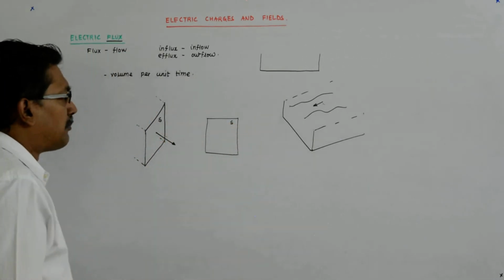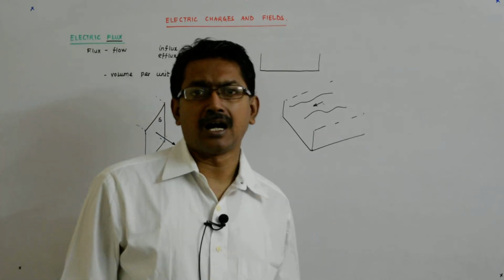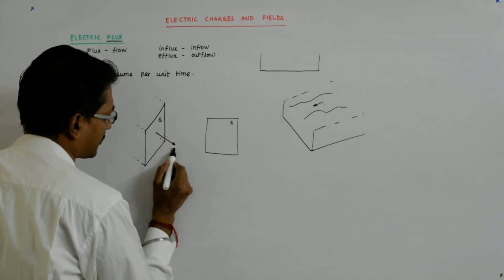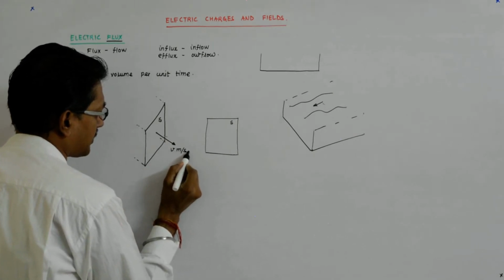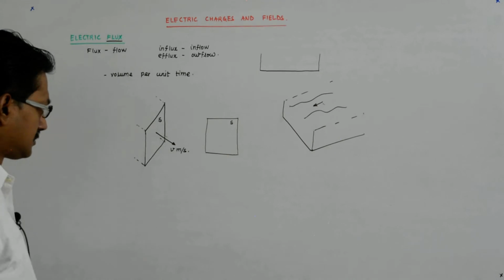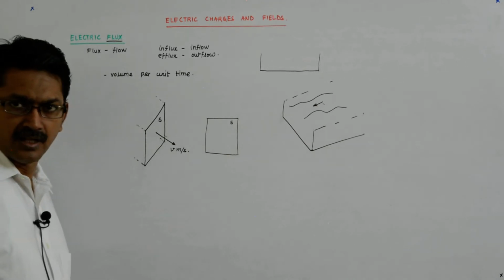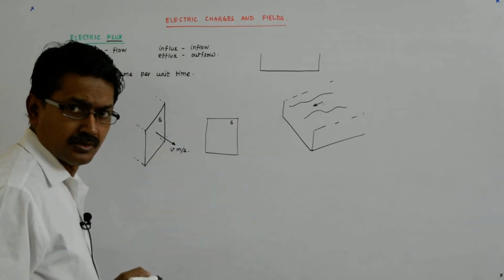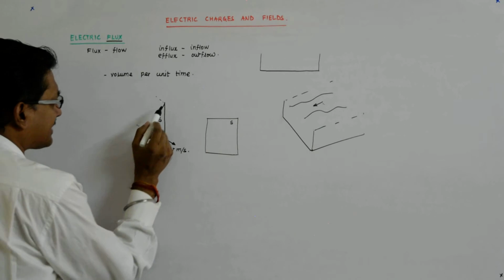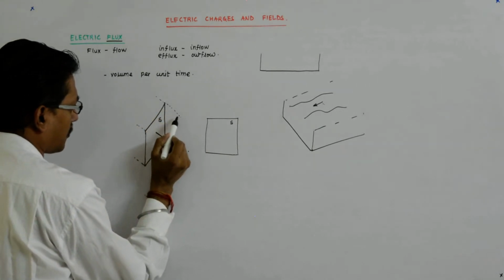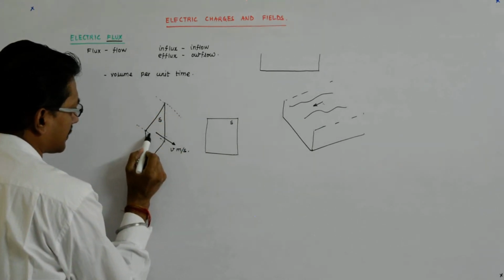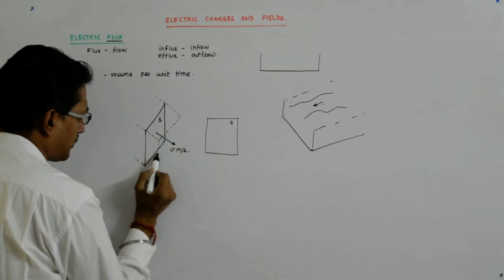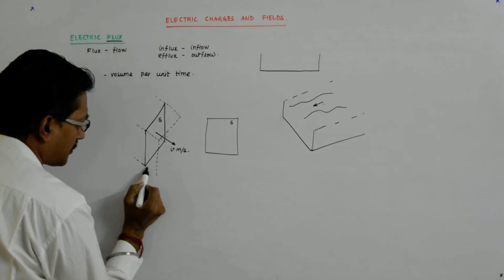So what is the amount of water that is flowing out per second? If the velocity of flow is v meter per second, what is the volume flow? Now in 1 second, it comes out by an amount v.